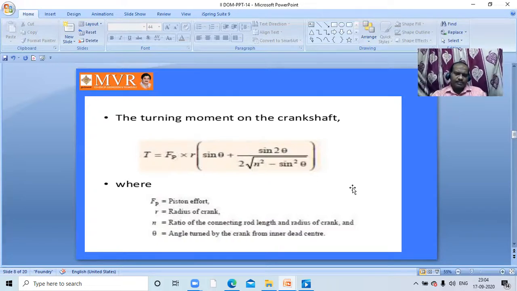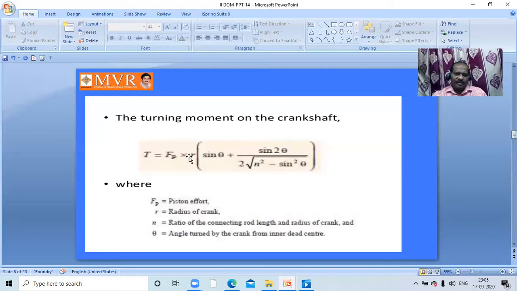Based on this, we can conclude the torque is minimum at 0 degrees, once again minimum at 180 degrees, and minimum at 360 degrees, and maximum at 90 degrees and 270 degrees. That's the basic relation we can remember.